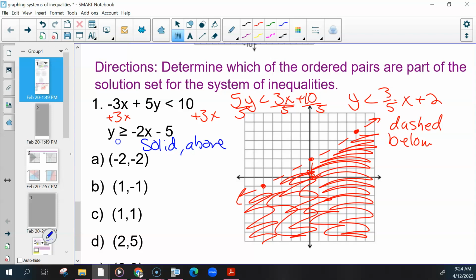So start at -5. Slope is -2, so up to the left 1 as many times as possible, down to the right 1. Connect all your points. Above for this one, if I'm drawing in my up and down arrows, would be to the right.